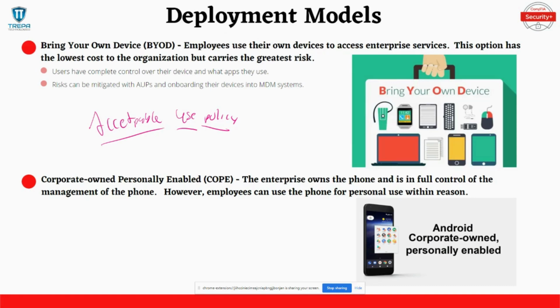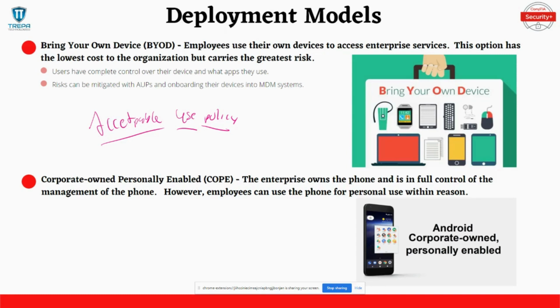And then we have COPE, the corporate owned personally enabled device policy, which gives the organization the most control over user devices. However, this is a more expensive solution. Employees will still be able to use the phone for personal use.